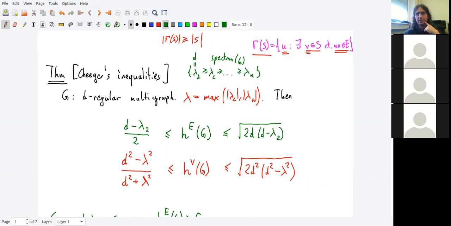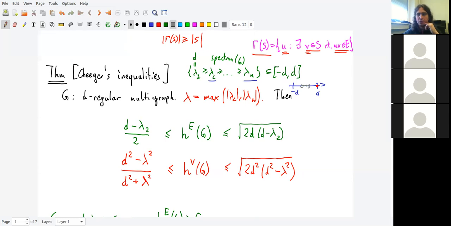The largest eigenvalue is the regularity of a graph, and this whole spectrum is in the interval between d and minus d. And these spectral gaps are essentially telling us how lambda 2 and lambda n are sitting inside this interval. Yeah, so here is d, here is minus d, here is this one largest eigenvalue, and the graph has good spectral properties if all the other eigenvalues are in some small, strictly smaller interval somewhere here.